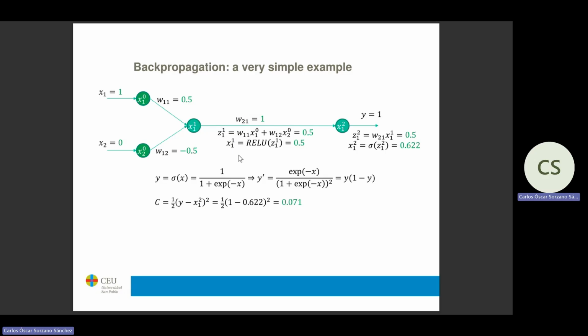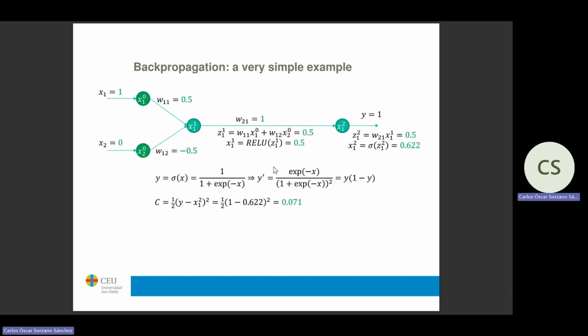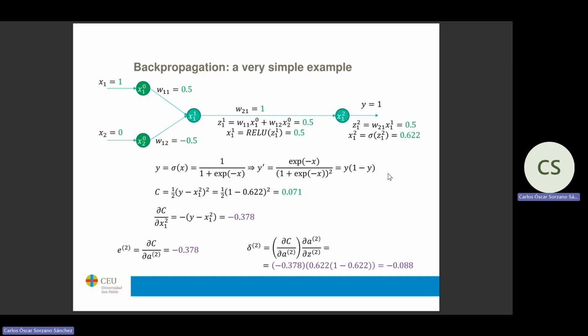Okay, good. So now this is the forward pass. Now let's do the backward pass. So for the backward pass, all this will stay the same in the next slides. And by the way, I wrote here y prime with respect to x. So y prime, with this definition of y, is y times 1 minus y. Okay, good. So this part will stay, and this is the one that will change.